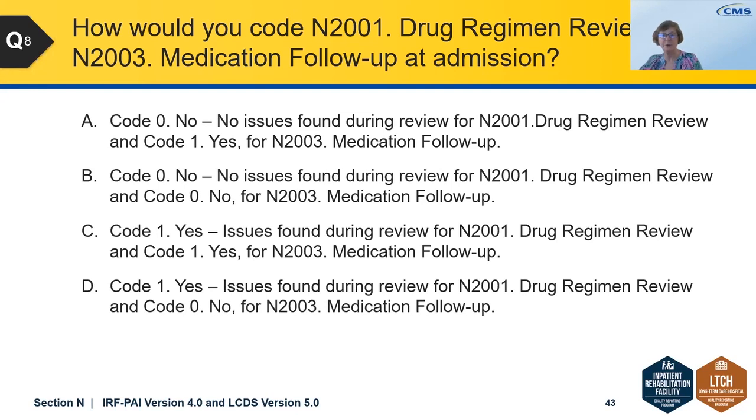You would code no for issues found during drug regimen review and no for medication follow-up. Or would you code 1, yes, issues found during the drug regimen review, and code 1, yes for medication follow-up. And then code yes for issues found during the drug regimen review, and code 0 for N2003 medication follow-up.